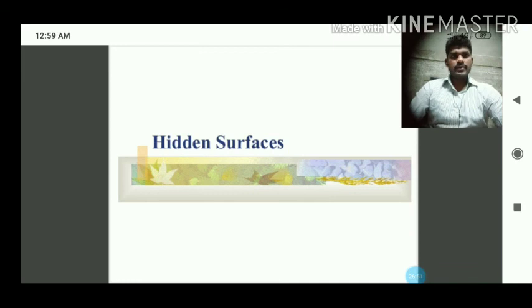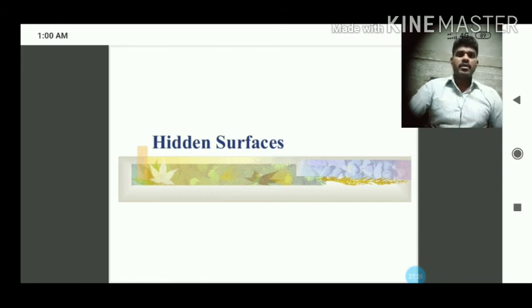Hidden surface removal is done in two ways, using two kinds of algorithms. The first one is the object space method, and the second one is the image space method. Using these two methods, we determine visible surface detection or hidden surface removal.